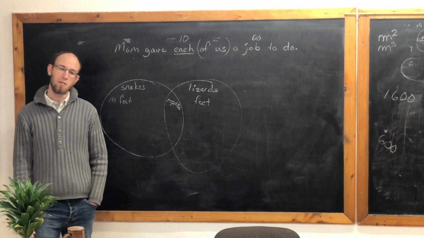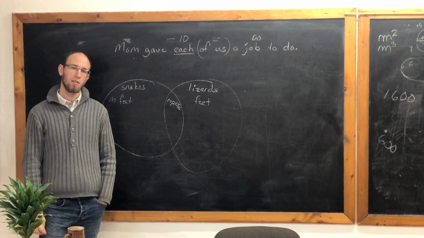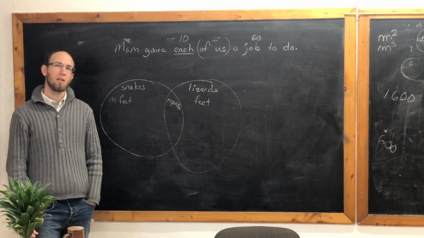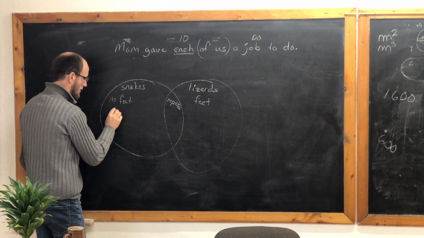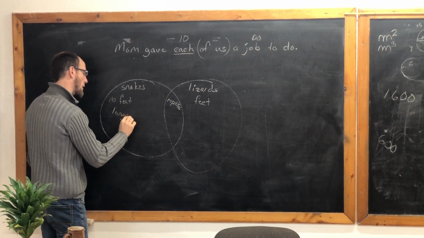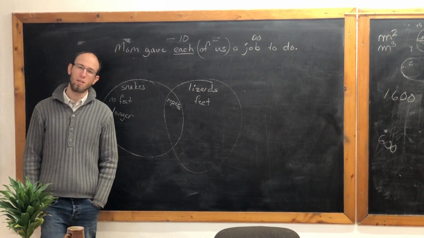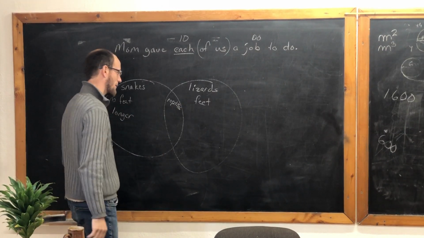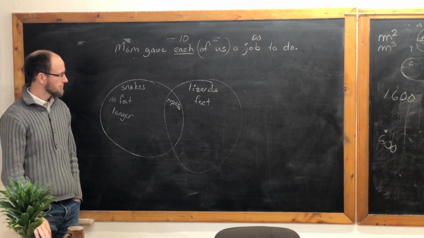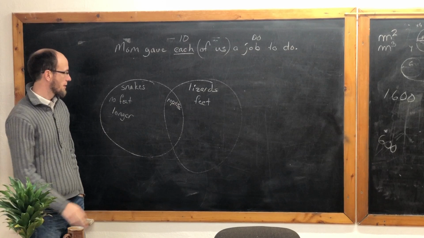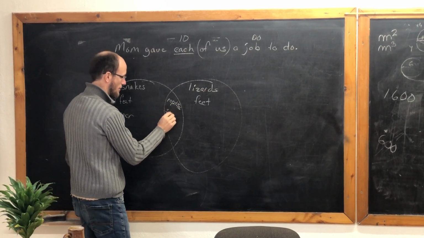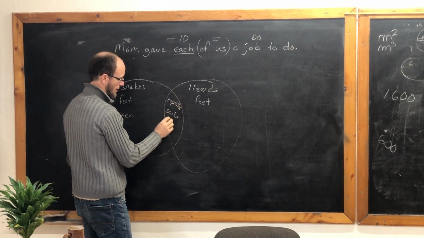Anything else true about snakes versus lizards? They're longer. I would say, yeah, they usually are longer. Are they bigger, though? No. You could almost say maybe lizards are bigger. They have tough skin, both of them. Tough skin, scales, all the stuff that's true of reptiles, cold-blooded.